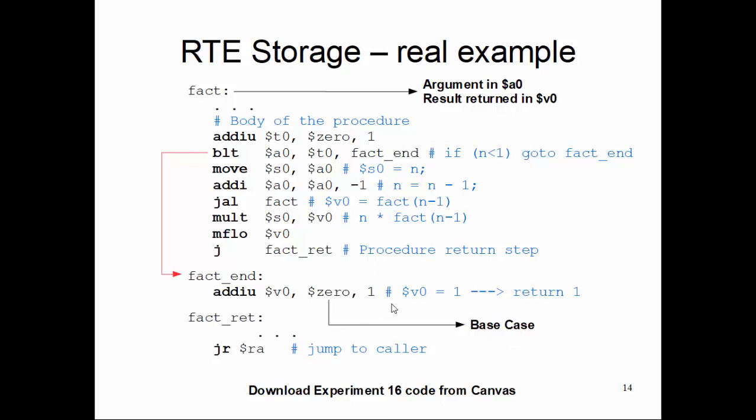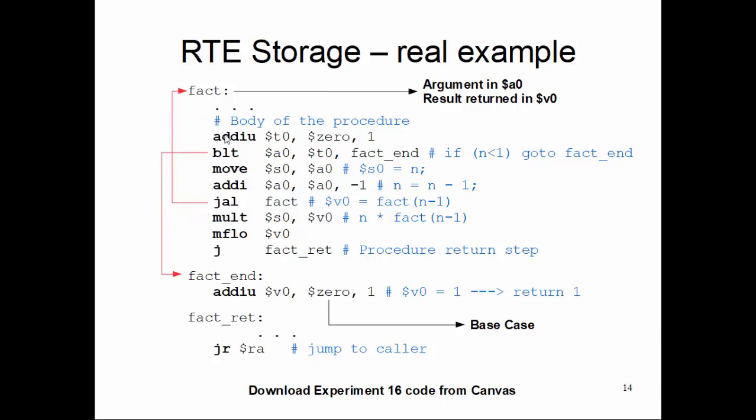So we stored the value of A0 into S0 and we decrease n conceptually. It was stored in A0, so we just make A0 equal to A0 minus 1. So that's what we did here, and we do a jump and link to fact. It means at this point your control now goes over into the factorial and redoes this whole thing again. So as long as I'm not hitting a base case, I'm just calling myself.